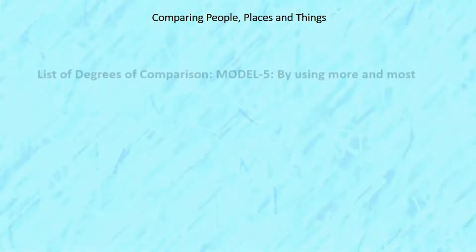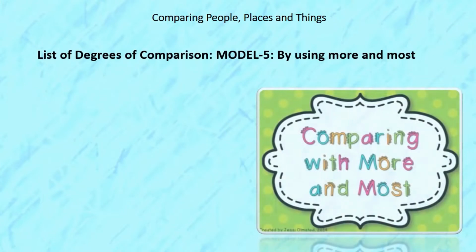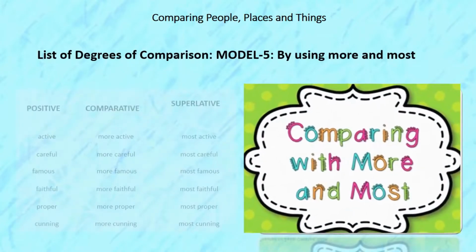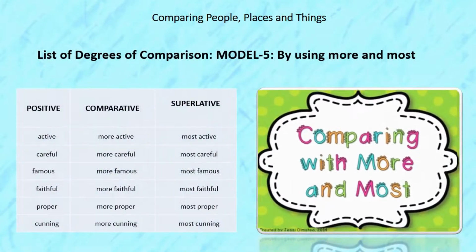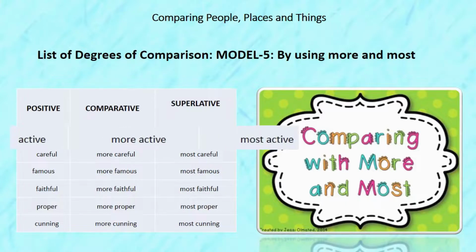The fifth model is totally a different one. Here we use more or most. We use two different words to change the positive degree to comparative or superlative. The positive degree active becomes more active, and in the superlative form it becomes most active.